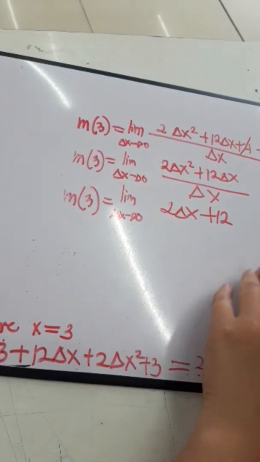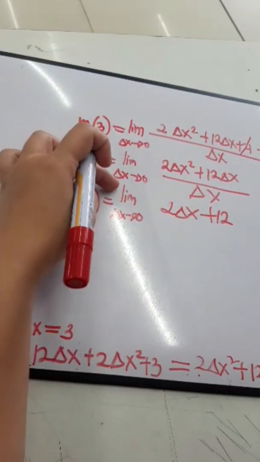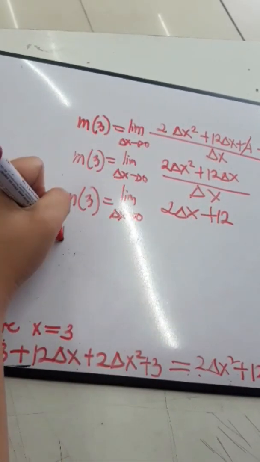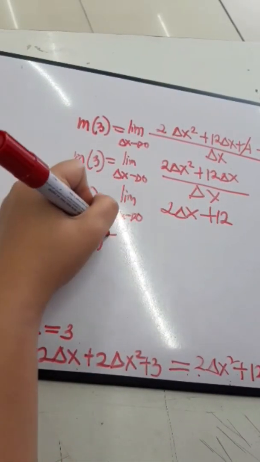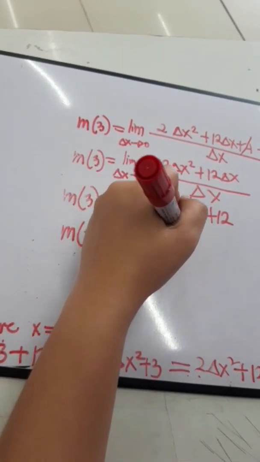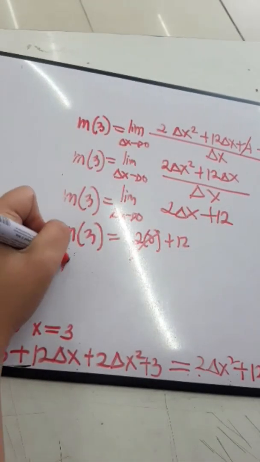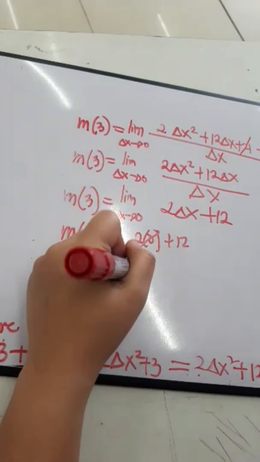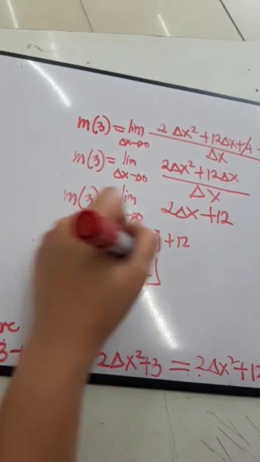Then we apply the limit theorem where delta x approaches 0, so it becomes 2 times 0 plus 12. So m of 3, our slope when x is equal to 3, is equal to 12.